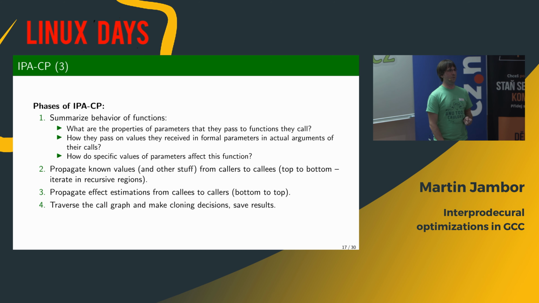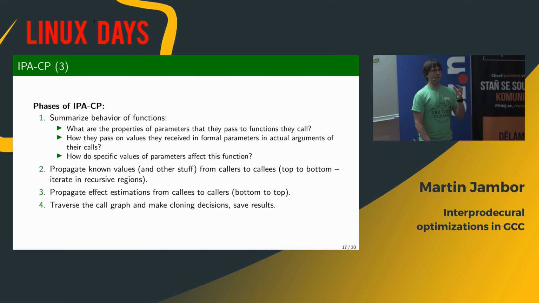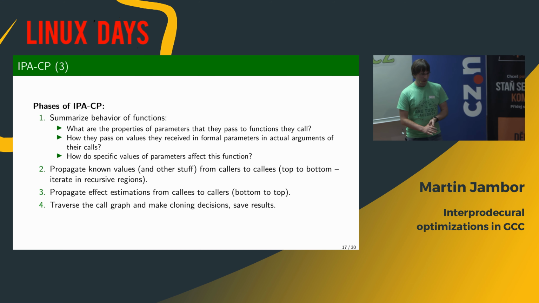We of course also mark down such special important cases like the loop strides and loop bounds that I was talking about in the previous slide. And then we propagate these known values or context information from callees to callers. In my example, it is always top to bottom. We estimate their effect locally and then propagate the global effect from bottom up, from callees to callers.